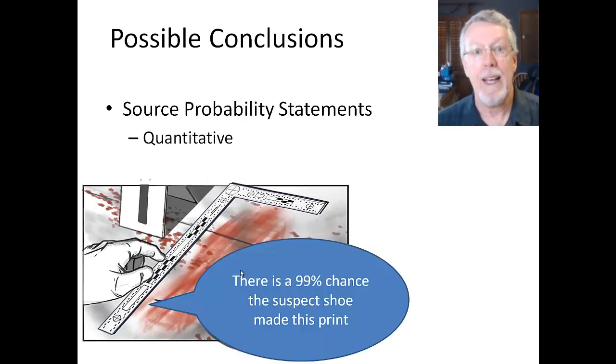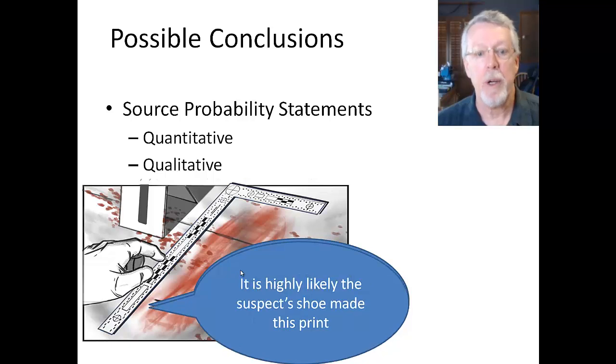So an examiner might put a number on it, saying there's a 99% chance these items have the same source, for example. More commonly, rather than putting a number on it, they'll simply state in a qualitative or non-numerical way something about the probability of the same source, saying something like it's very likely that these items have the same source.